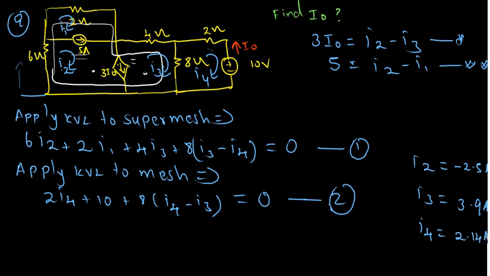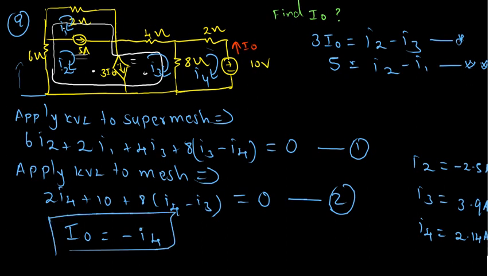When we need to find I naught here, I naught is equal to minus I4, so I naught is equal to minus 2.14 amps. That's the answer. Thank you.